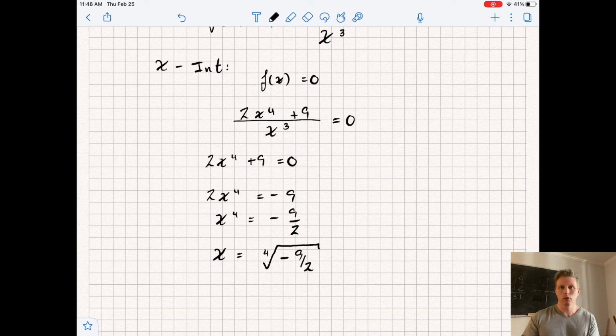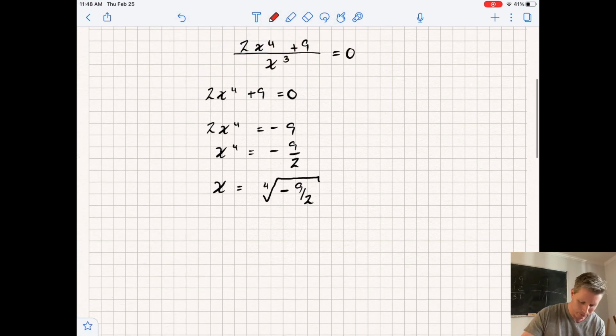I'm taking the fourth root of a negative number. That's not going to be real, so that is not real. So what that tells me is I have no x-intercepts. My function will not cross the x-axis. So no x-intercepts.